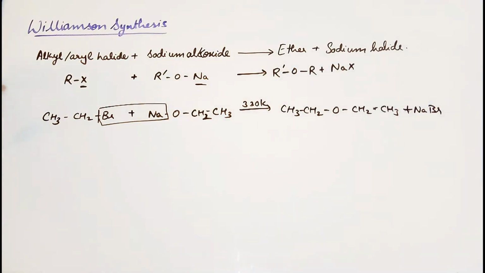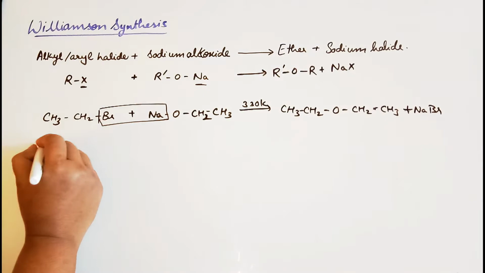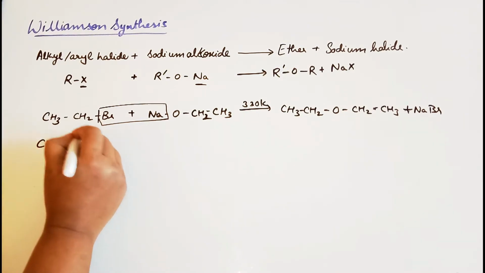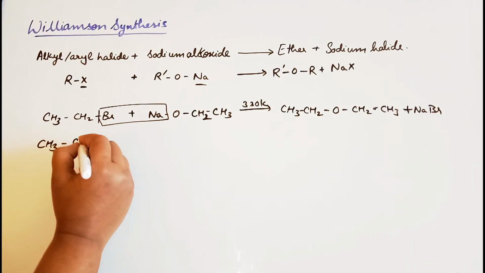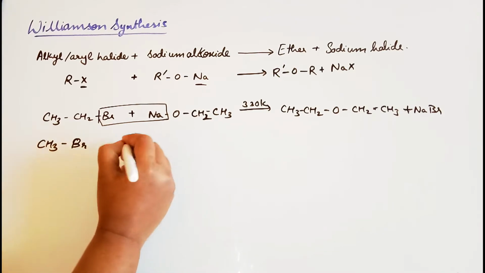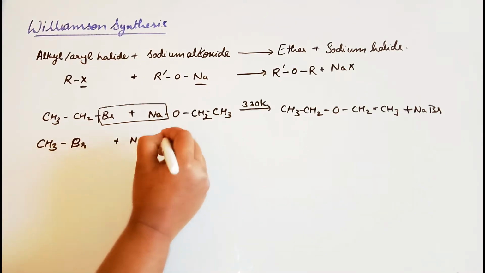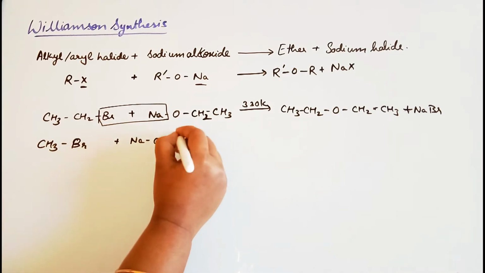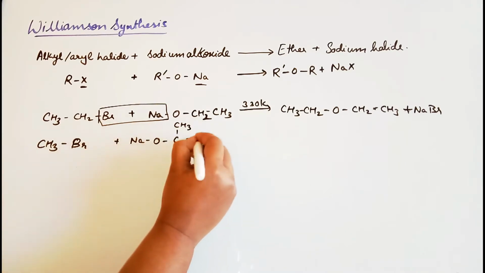Even ethers which have a substituted alkyl group can be synthesized using this method. So for example, CH3Br is reacting with sodium alkoxide with a substituted carbon group.